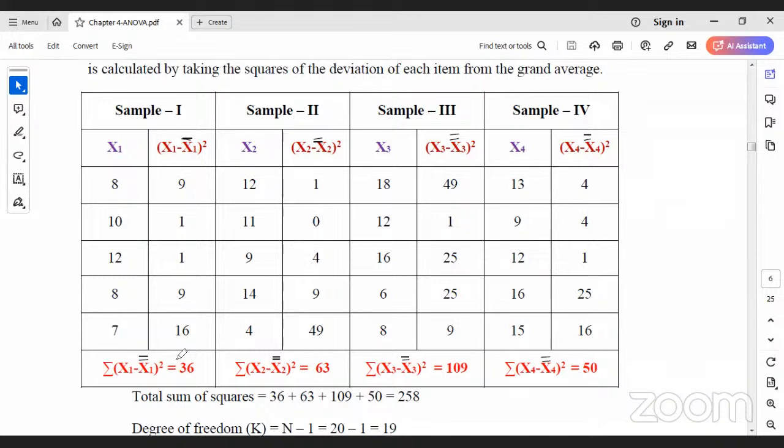You observe carefully: x bar, x double bar. The next, these are the values we taken from the question.